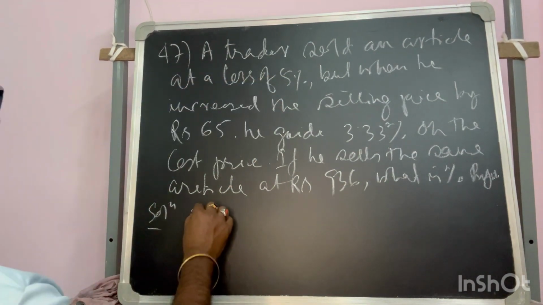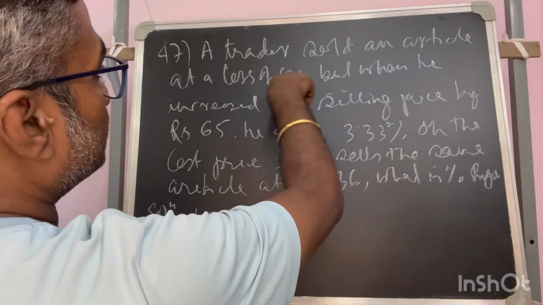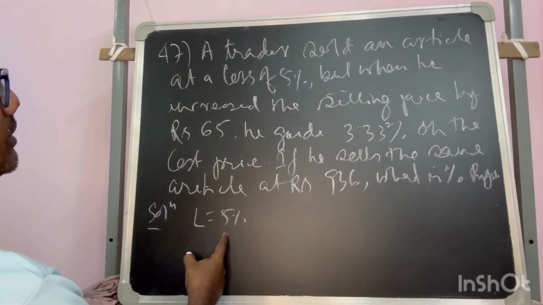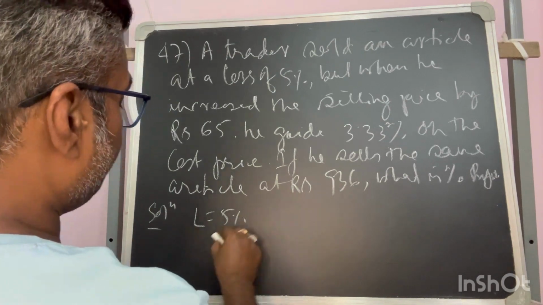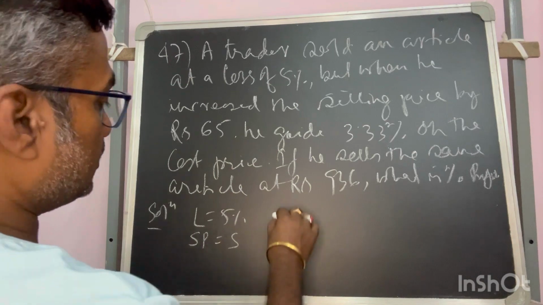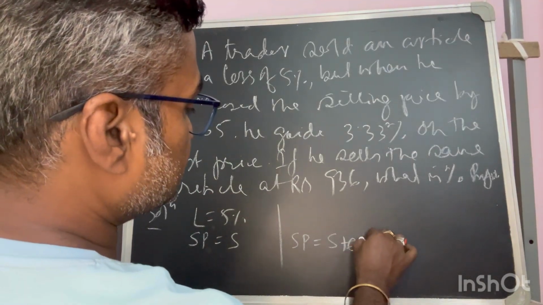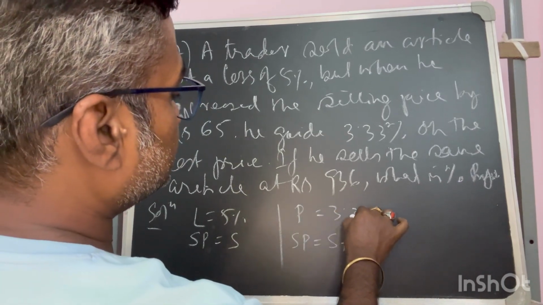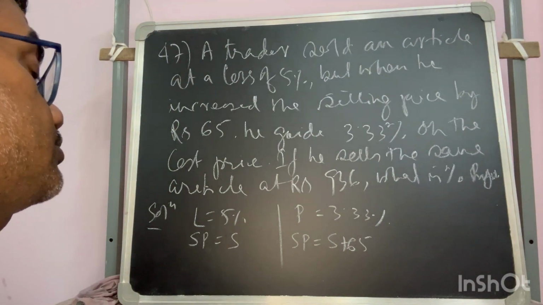Okay, so the information given is: loss is given as 5%. A trader sold an article at a loss of 5%. In the first transaction he is making a loss of 5%, but when he increased the selling price, let's say this selling price initially is S. Now the second case, when the selling price is increased to S plus 65, he is making a profit of 3.33 percent. So from this equation, what is to be calculated?